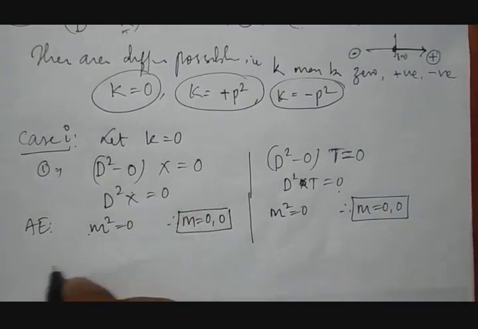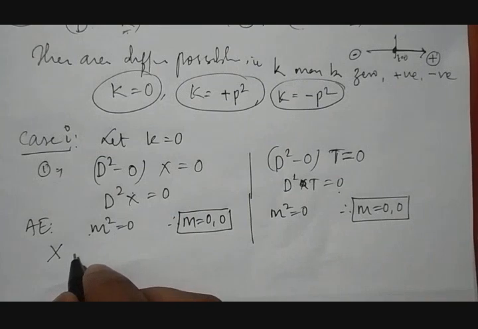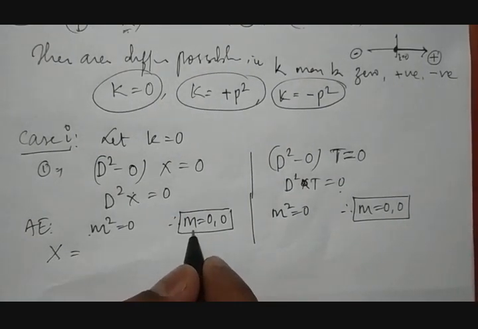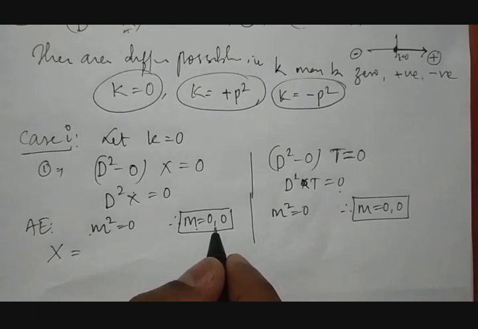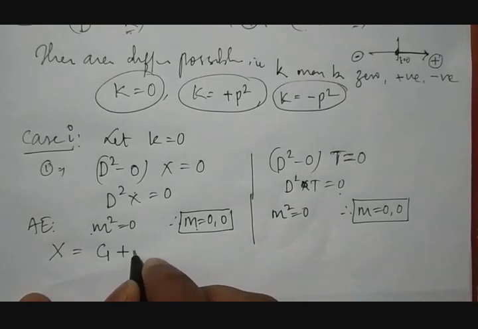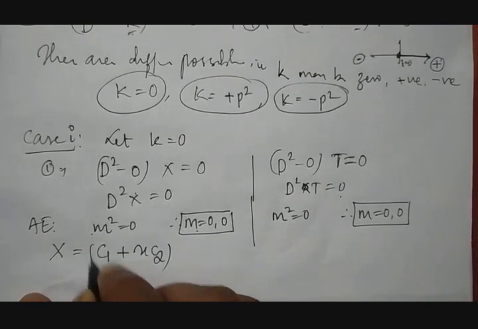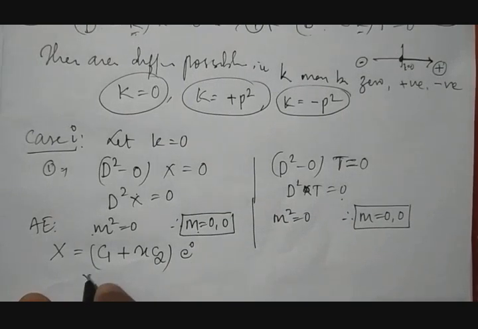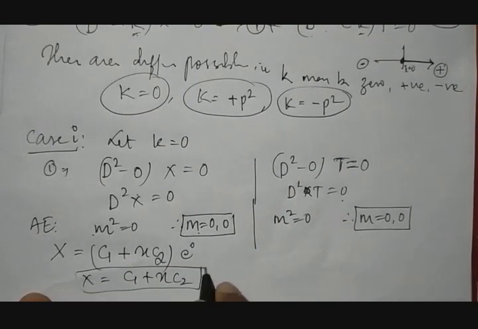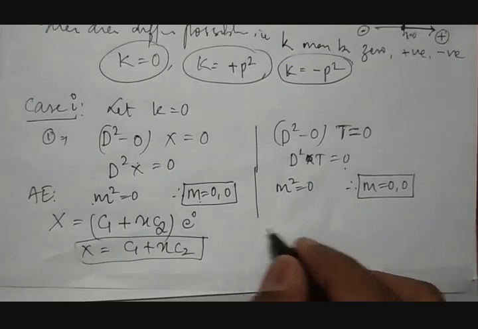Therefore this result is taken as x. X will be a complementary function now. Since there are two zeros, repeated roots but zero roots, it is c1 plus x into c2 into e raised to 0. That is nothing but c1 plus x c2. This is the solution for x.